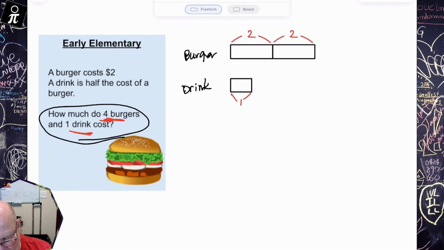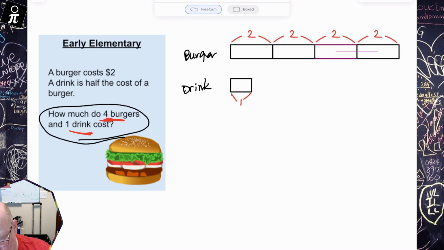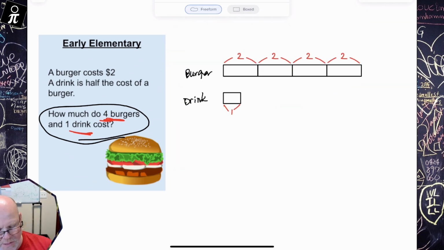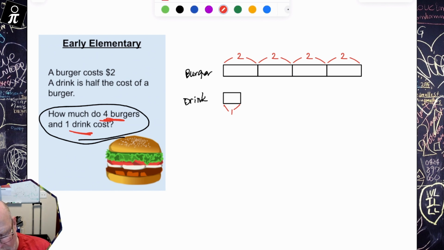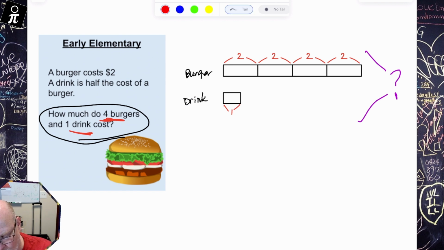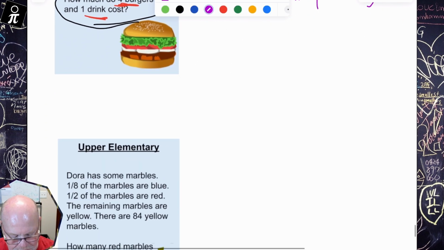So there's 2 burgers, 3 burgers, and 4 burgers, and they're asking us how much all of this costs. Where am I going to put my little question mark for the answer? That's where the answer lives, right there. It represents the total. And of course, what is the answer? We could do 2 plus 2 plus 2 plus another 2 plus the 1, and the answer is $9. So we've got $9 for that first early elementary problem.